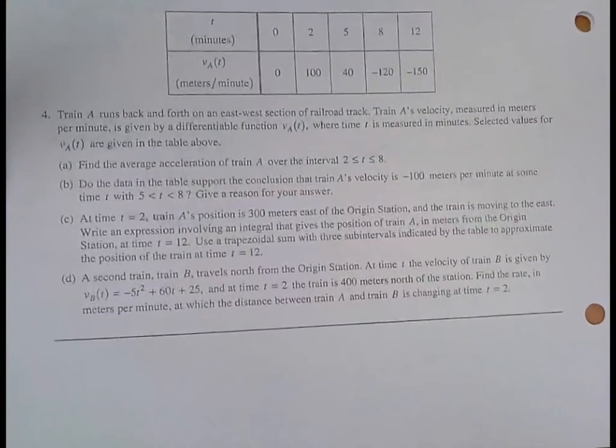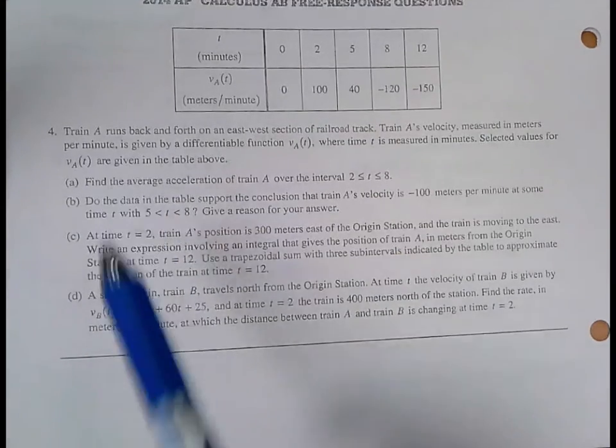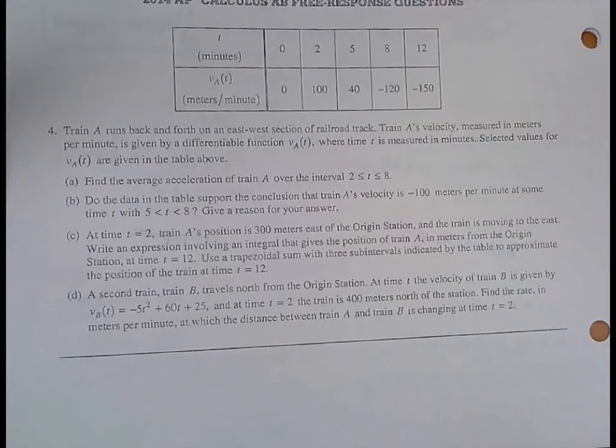What I would recommend you work on now is what I included on the very back, and I will also include the answer to this on Canvas. Here is another AP question. You can answer the entire thing from where we are at this point. Now, one of these parts actually uses the trapezoidal rule that we just learned.